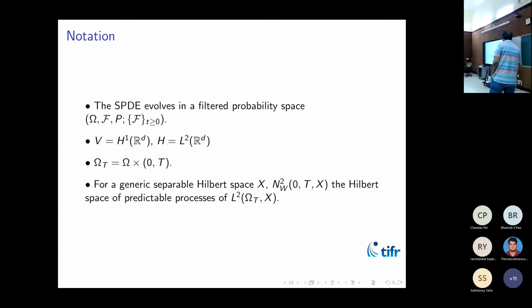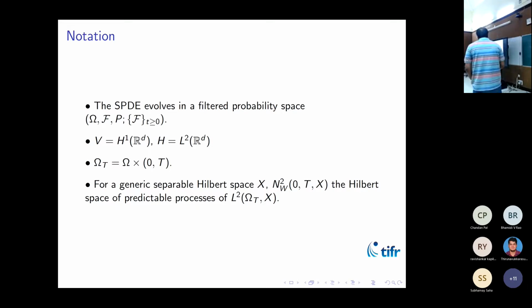Okay. Then you have this V, which is the Hilbert space H1. So it's basically the functions whose derivatives are L2. Okay. And then H is equal to the L2 space, and this omega t is the Cartesian product of the sample space and the time interval.